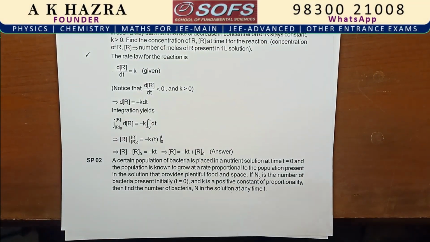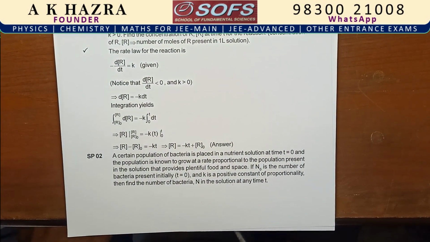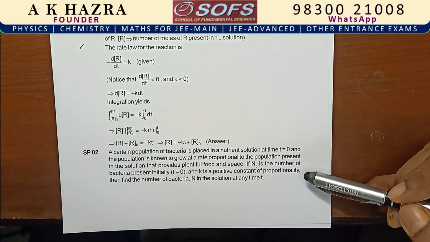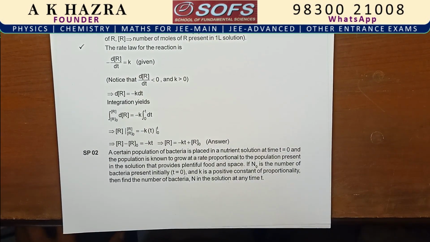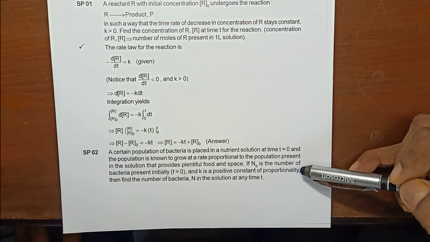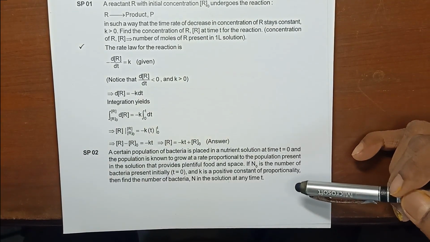Now, SP02. A certain population of bacteria is placed in a nutrient solution at time t equals 0. And the population is known to grow at a rate proportional to the population present in the solution at the moment of time t.